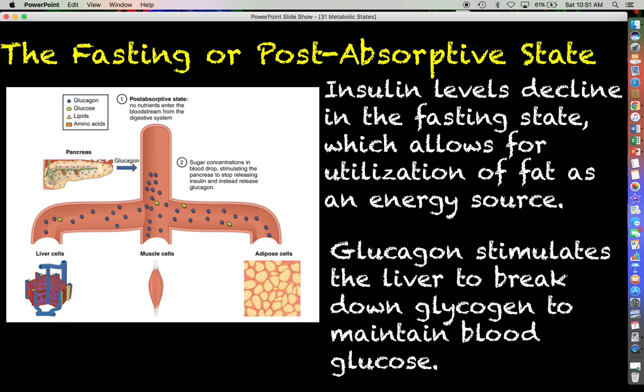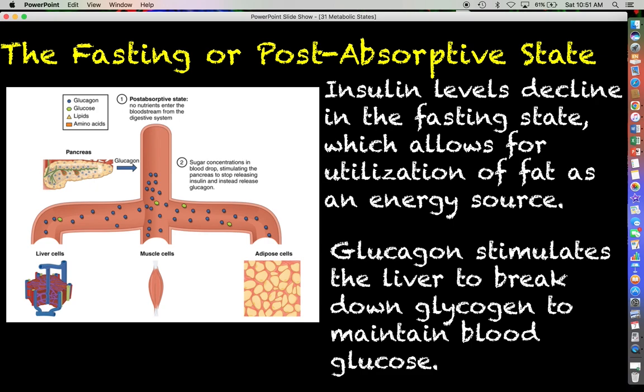So what glucagon will do is act as a signal to the liver, the muscle, and the fat tissue to break down glycogen, to break down fat, in order to bring those glucose levels back up. You might remember that the brain in particular has a very strict requirement for glucose as its energy source.